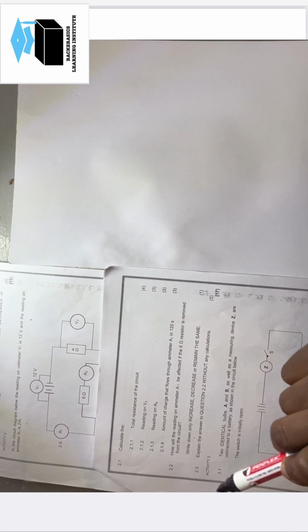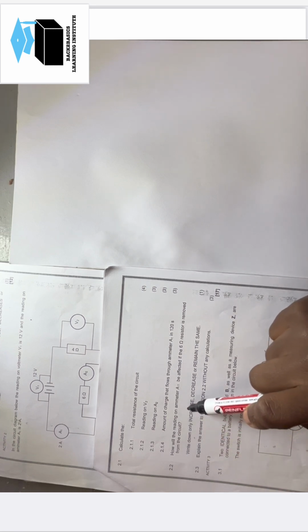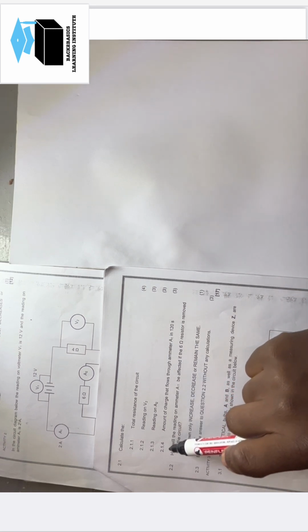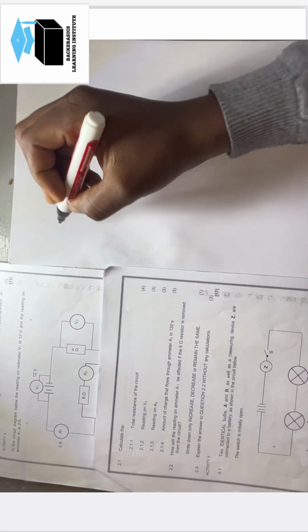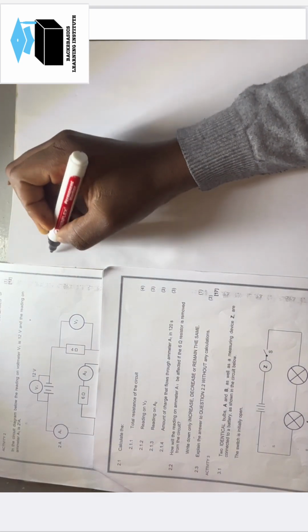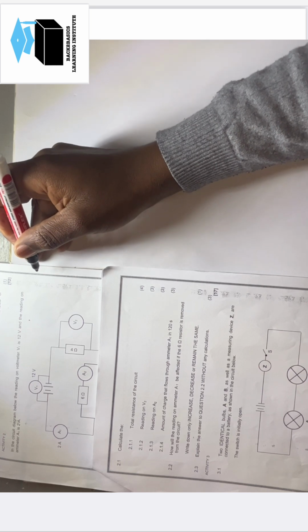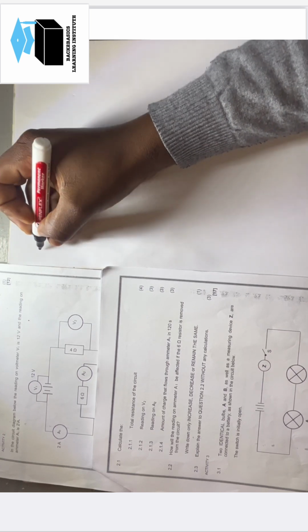In 2.2 they say, how will the reading on, in 2.1.4, which is what we are looking at now, they say the amount of charge that flows through your A1 in 120 seconds. So they want us to calculate what now? The Q. Remember that charge is calculated in coulombs, right?